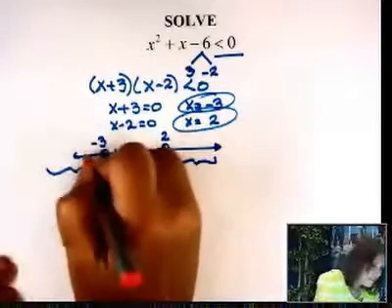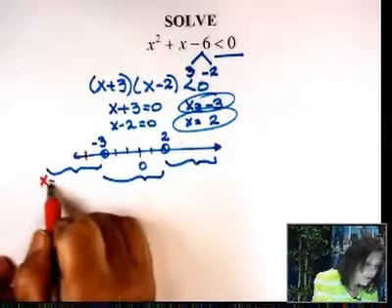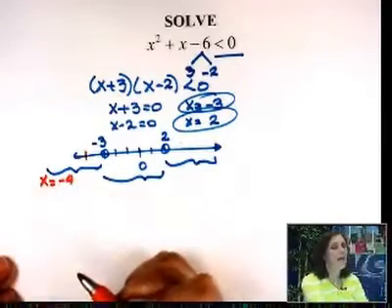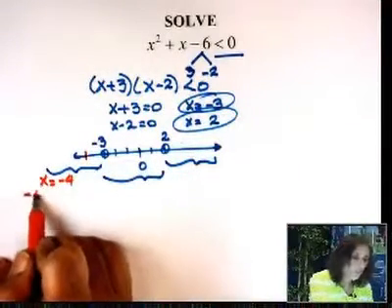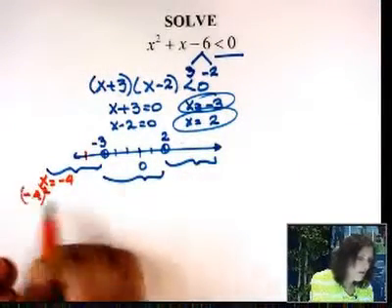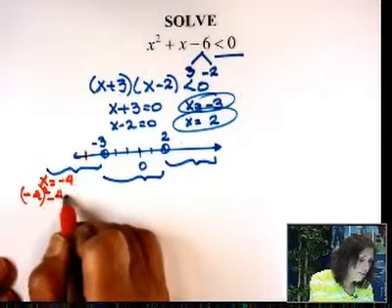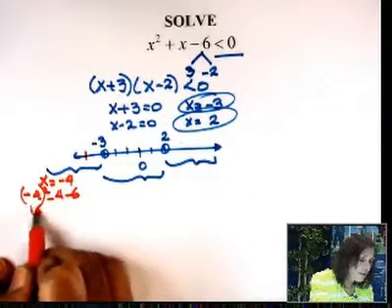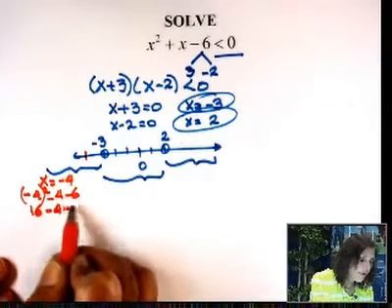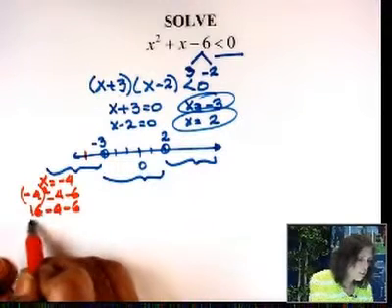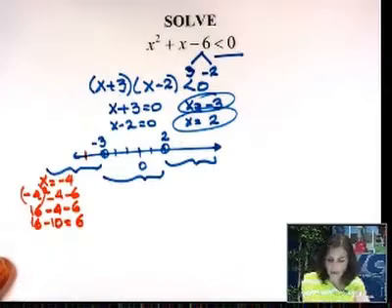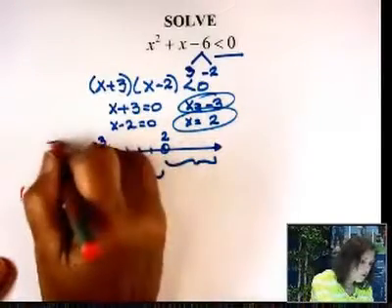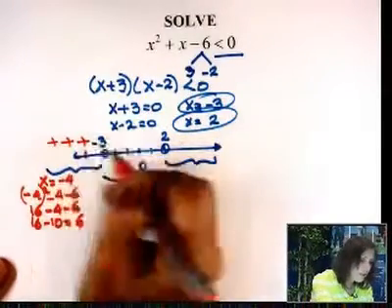I test x equals negative 4 in that region. Negative 4 squared, minus 4, minus 6. That will give you 16 minus 4 minus 6, which is 16 minus 10, which is 6. That's a positive number, so it's going to be positive in this region.